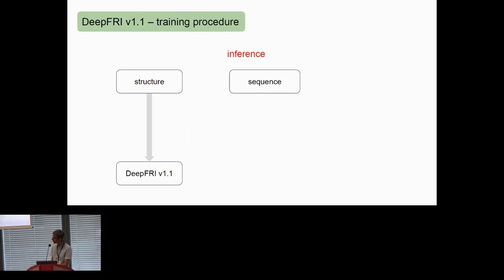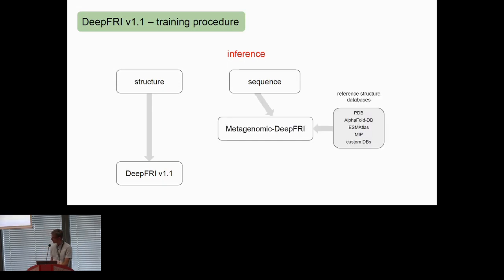But if you have a sequence, you can either use the CNN block, so this is a sequence-based prediction, or utilize metagenomic DeepFry, which is kind of a homology-based method because it first searches through similar sequences using the MMseqs database, and then associates the closest sequence with a structure from the reference database that you are going to use. For instance, PDB, AlphaFold, ESM Atlas, MIP, and anything else.